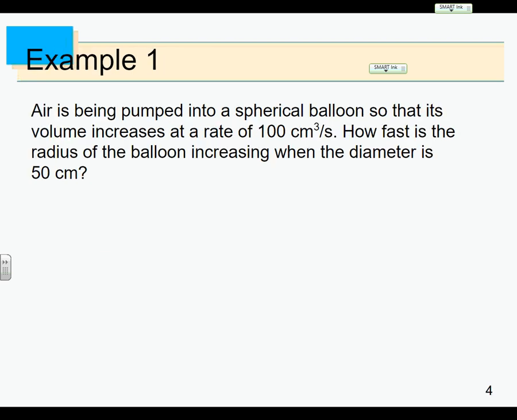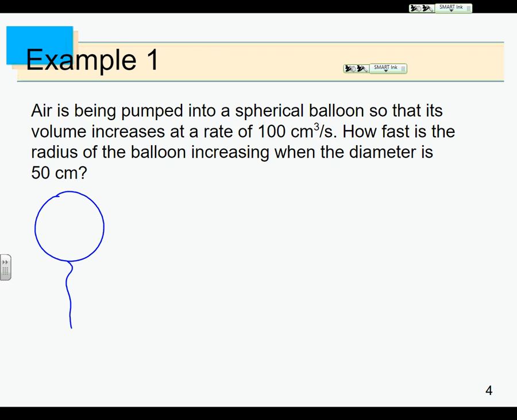Probably the hardest part of this, though, is being able to come up with your equation, if they don't give it to you. I think I've assigned some where they do give it to you. So it says air is being pumped into a spherical balloon so that its volume increases at 100 centimeters cubed per second. I'm just going to draw a balloon here, put a little string on it.